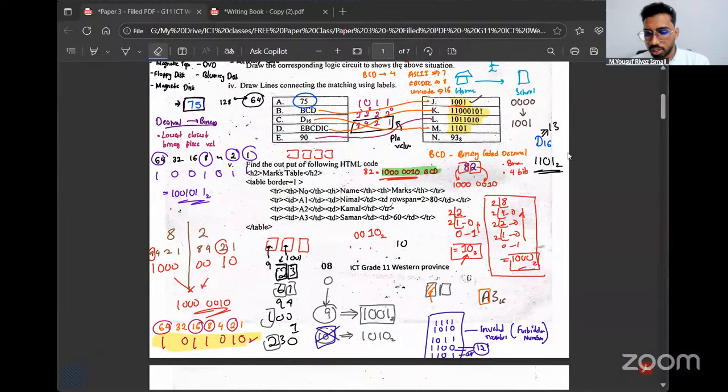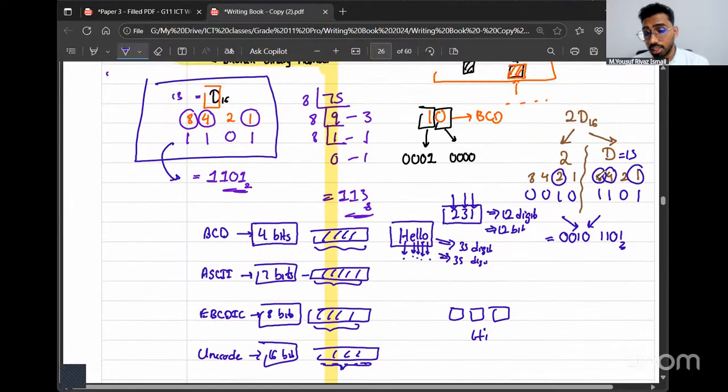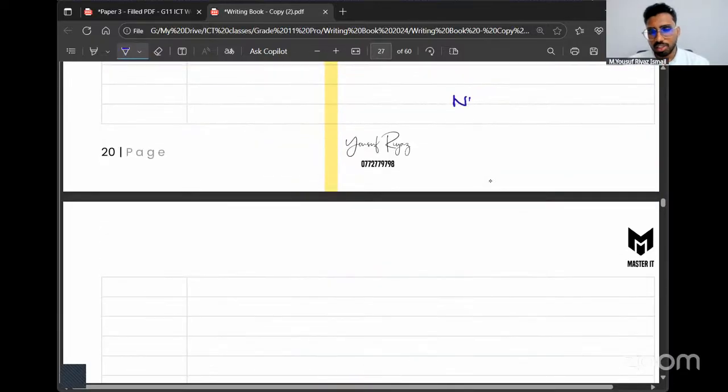Are the two zeros in front of the final value important? In hexadecimal to binary, no. In number system conversions, zeros in front are not important. But in coding system conversions, those zeros are important.